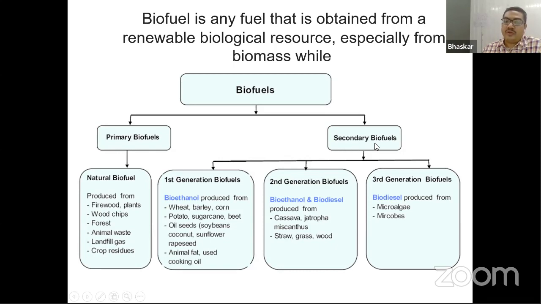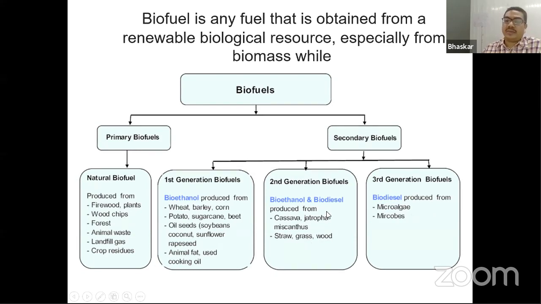The secondary biofuels are superior biofuels, which fall in the category of first generation, second generation, and third generation. The first generation biofuels were mostly from edible feedstock like wheat, potato, barley. So there was an issue of food versus fuel. Then came the second generation biofuels, mostly from non-edible feedstocks like jatropha, karanj, miscanthus, and grasses.